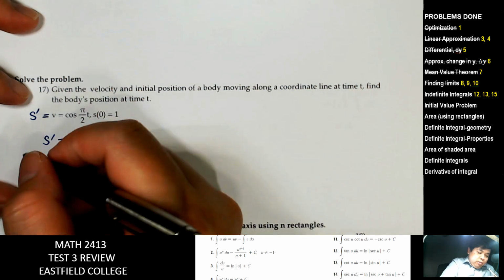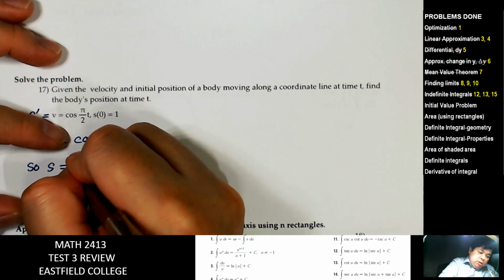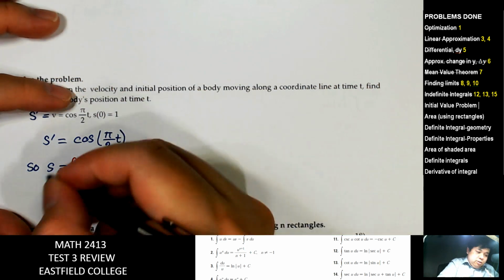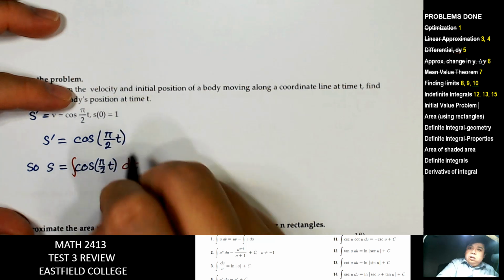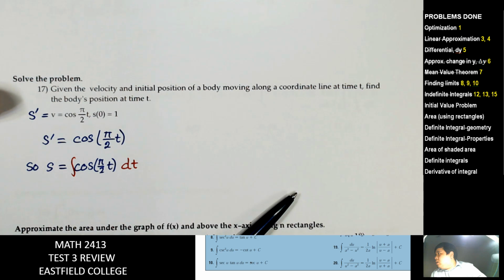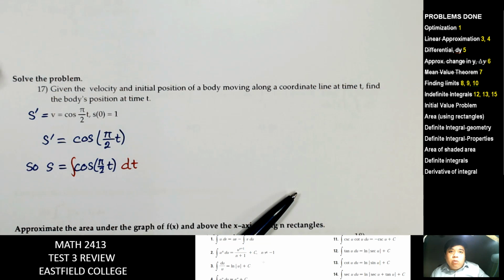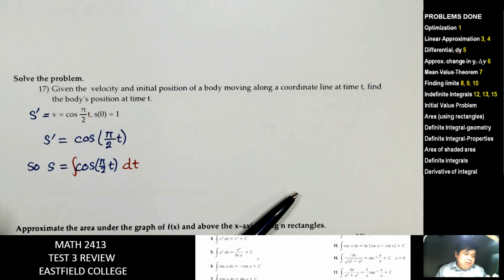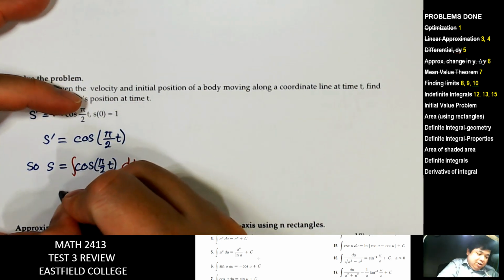So now we have s. To undo this, we're going to do the integral. Actually, the formulas that we have here are not right.